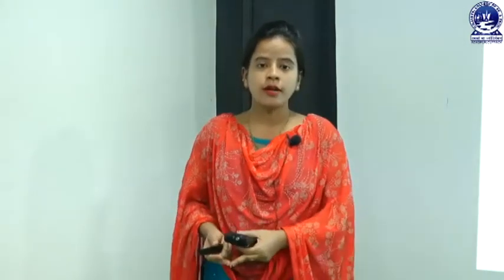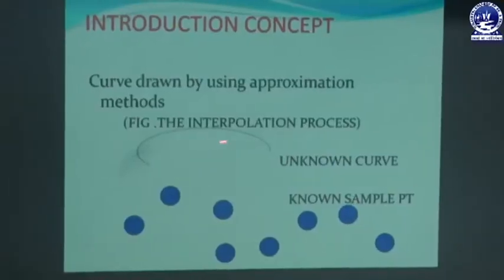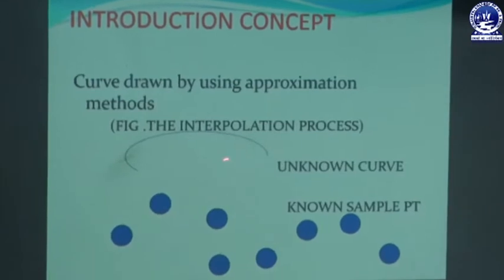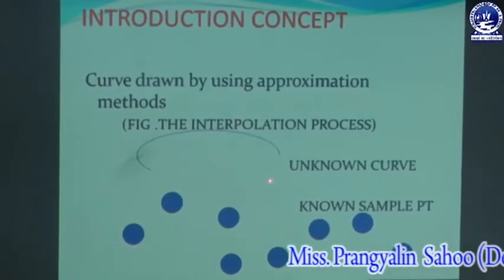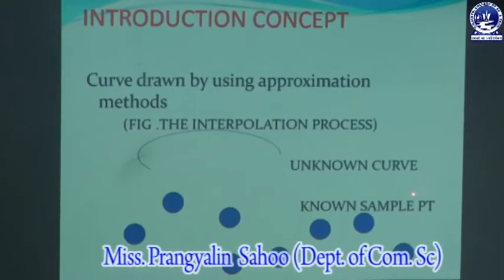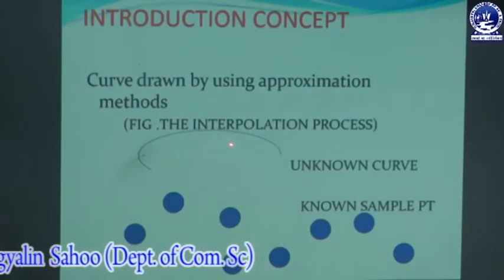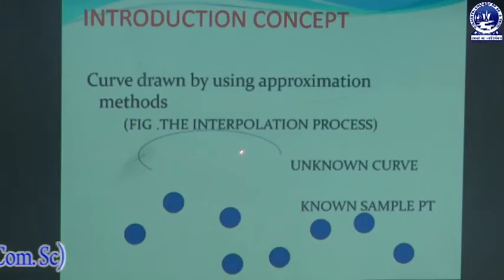Now let us check how the interpolation process works by assuming one curve and a number of pixel points. The main objective is how to draw a curve by using approximation pixel points.